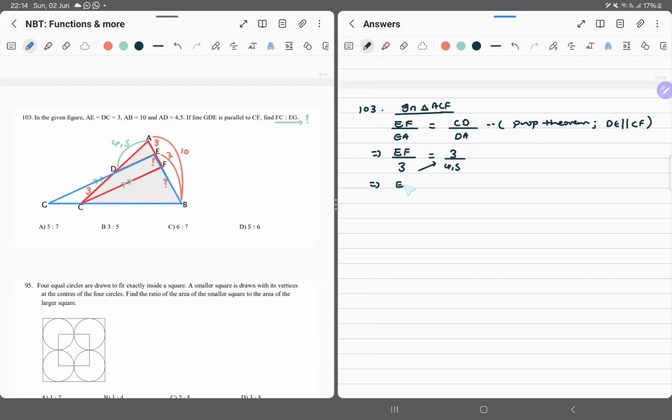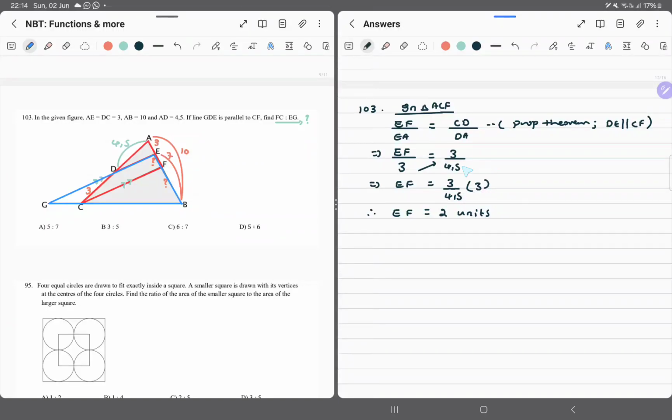This implies that our EF is going to be 3 over 4,5 times 3. So basically this is 3 times 3, which is 9. 9 divided by 4,5 is just 2 units. Okay?